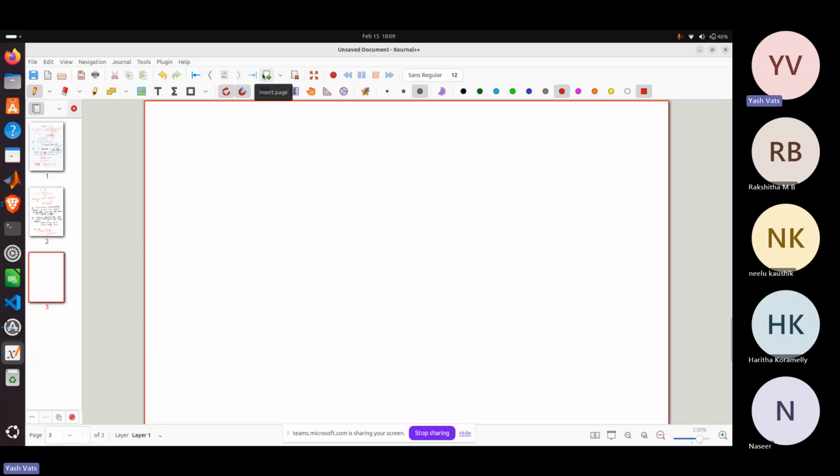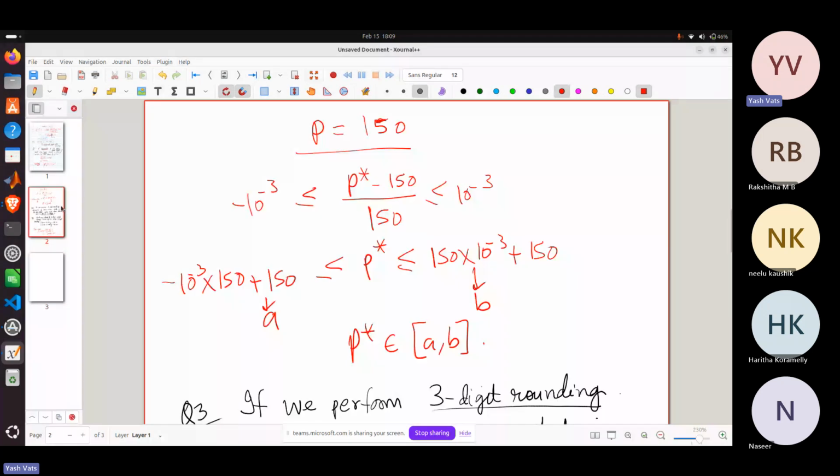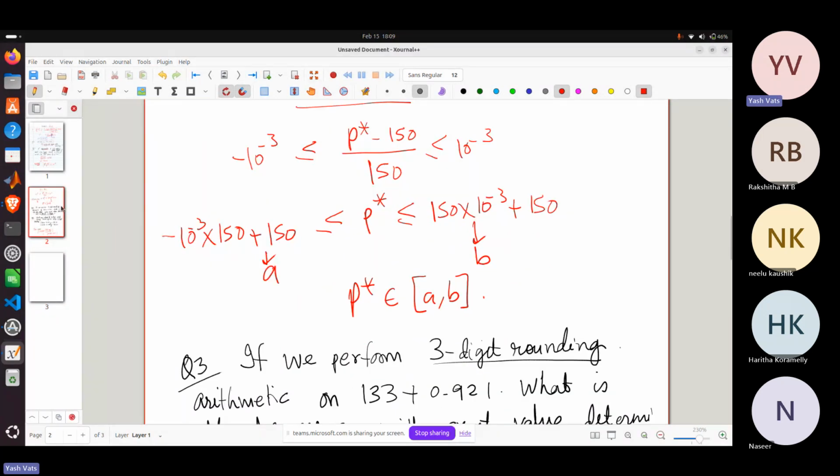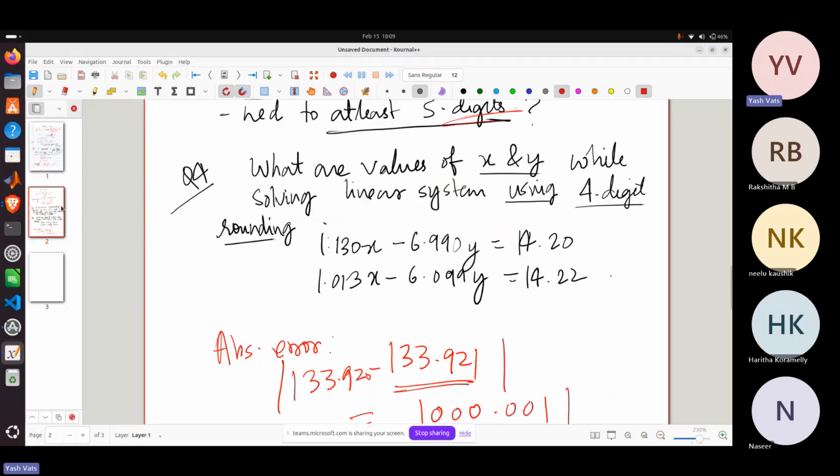And what about the second question? Have you tried the second question? It's quite calculative a bit. So let's try to solve it. We have to solve for the values of x and y while solving the linear system using 4-digit rounding.